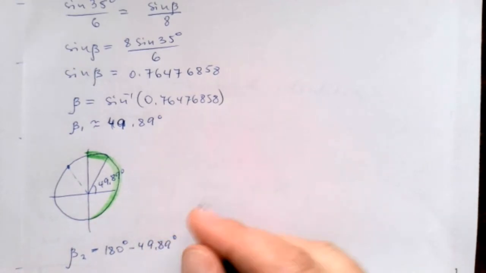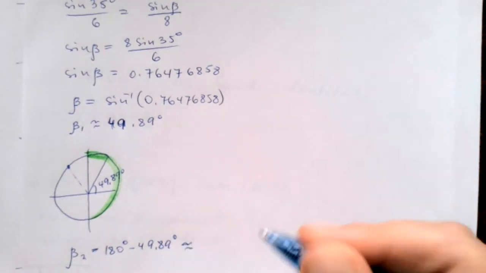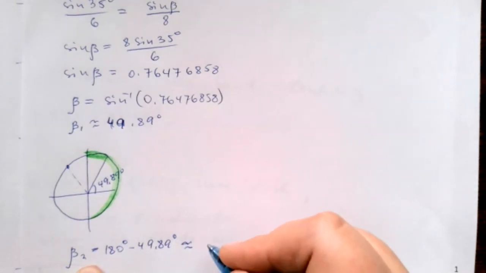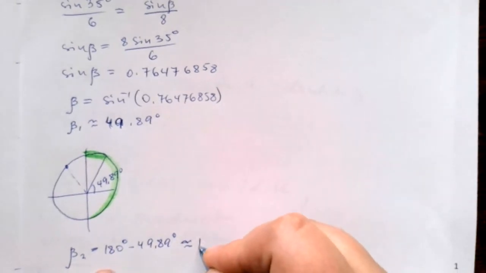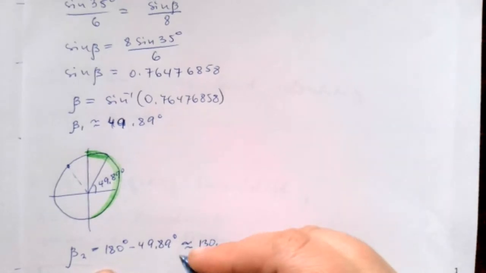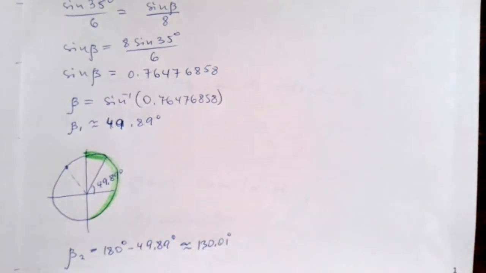So beta 2 is approximately going to be 130.01 degrees. That's our other option.